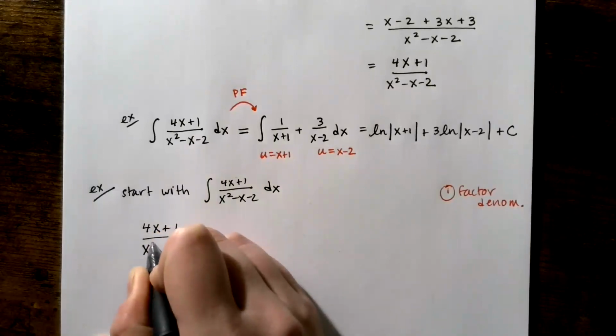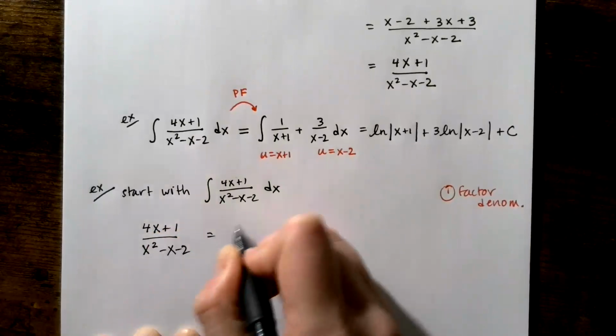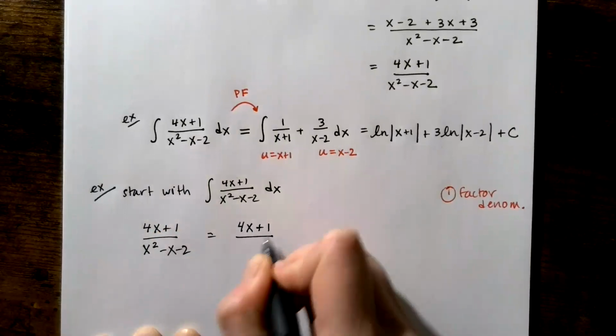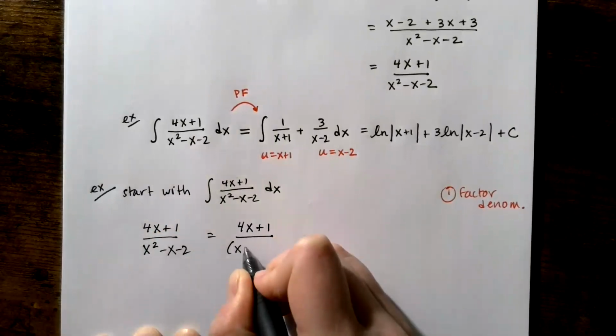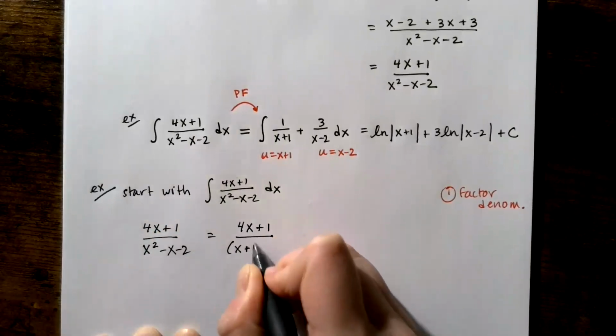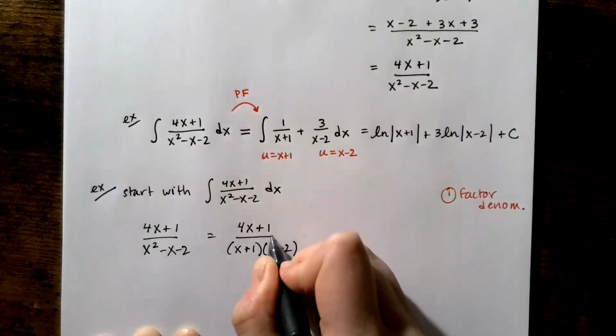So I'll take my original integrand and say, okay, this is the same as 4x plus 1 over x plus 1, x minus 2.